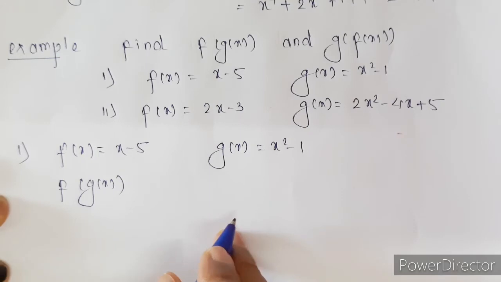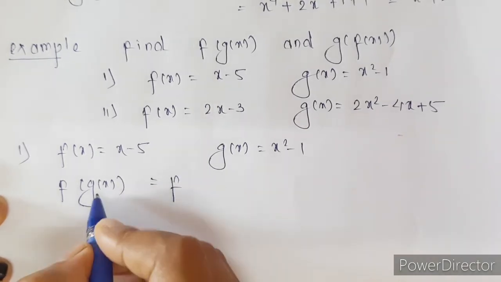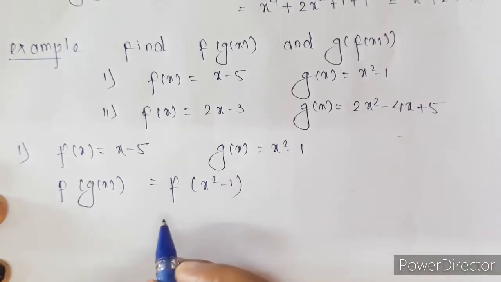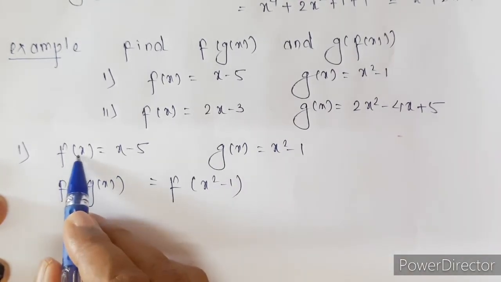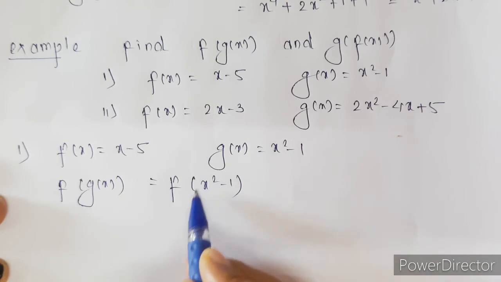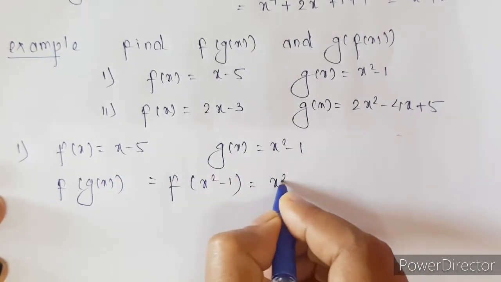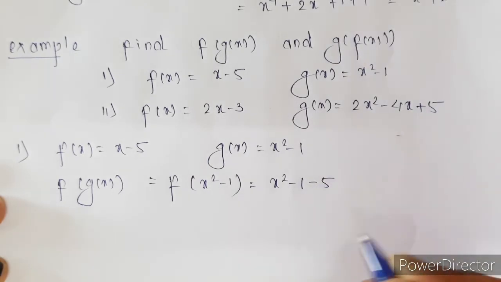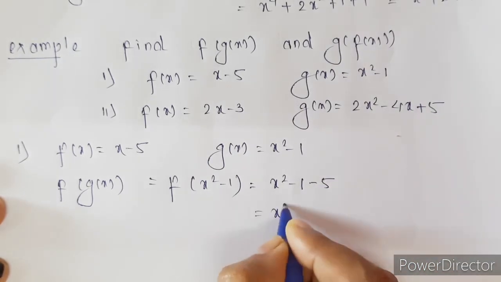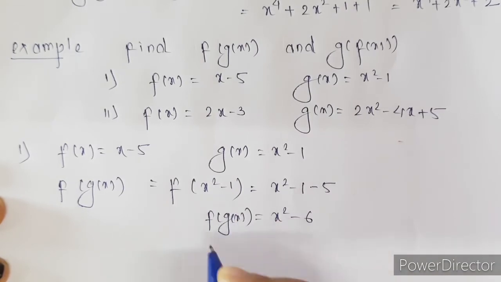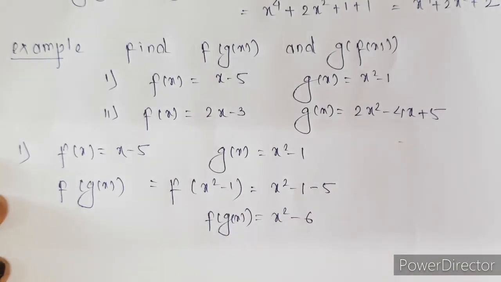Let's start with f of g of x. Keeping f as it is, instead of x write g of x, which is x square minus 1. Now in f of x, wherever there is x, replace it by x square minus 1, and this minus 5 as it is. This is nothing but x square minus 6. So f of g of x is x square minus 6, right?